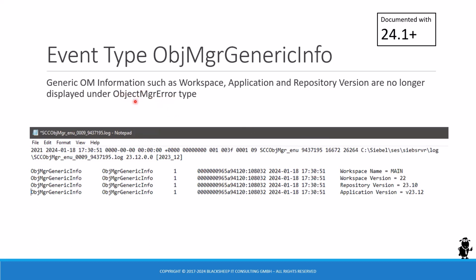And that triggered a lot of admins, because it's not an error, obviously, it's just information. And that's what it is now. I think it has been in place for a few releases back, but now it's documented in Bookshelf. Object manager generic info is the type. And that, of course, is much better than having an error, which is not an error.